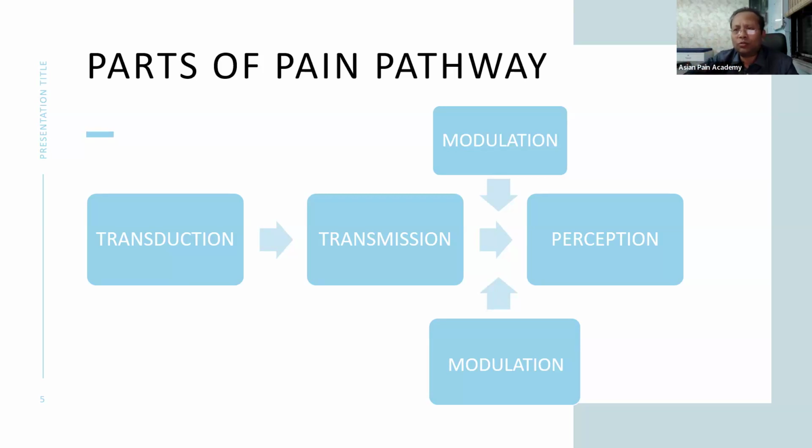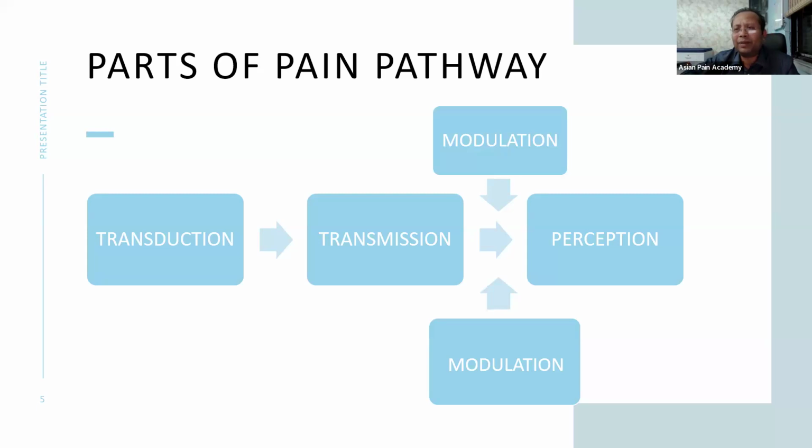Then comes modulation. Modulation can be of two types: either it can decrease or it can increase the pain. Now, in normal condition, our body always tries to dampen the perception of pain. Later I will say how we use that part. And modulation can increase the pain also.